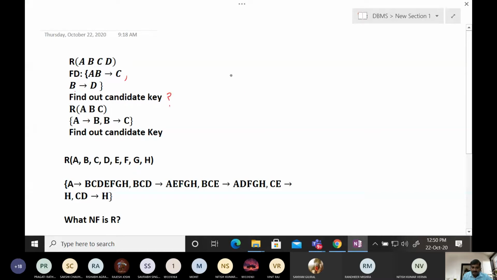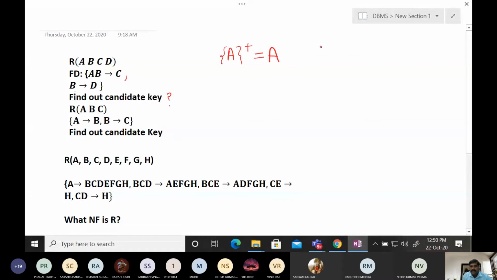So here we will find out the closure of A. Suppose we want to find out the closure of A. Closure of A is denoted by A plus, and in this set we store the attribute A. Why?